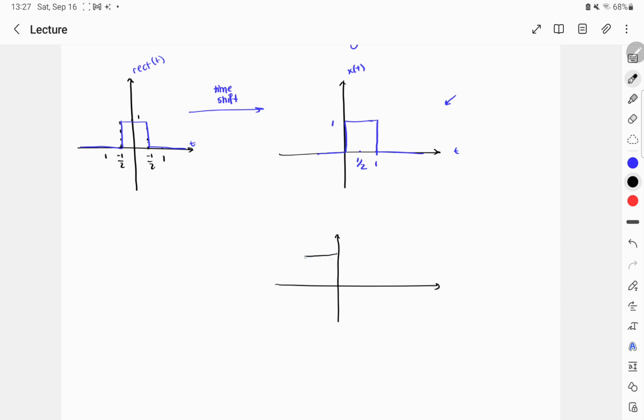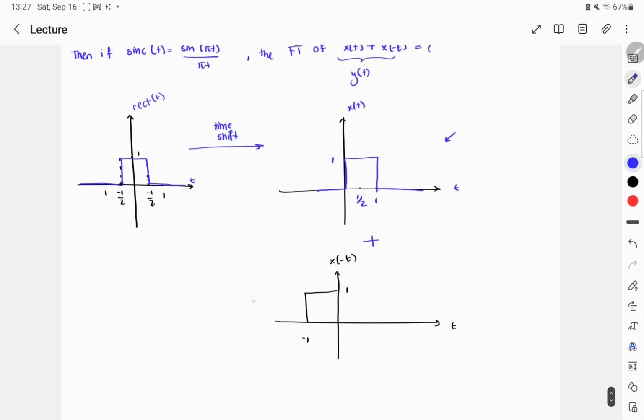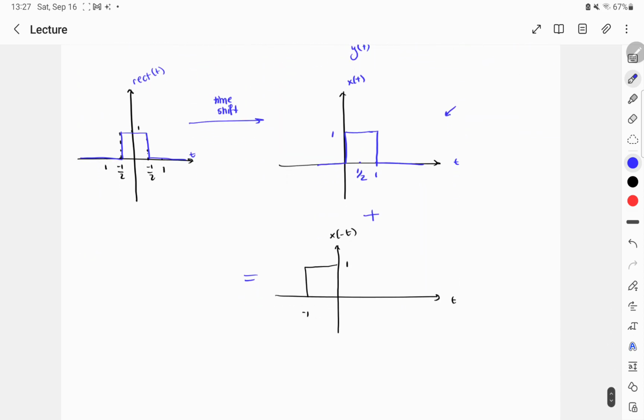It's just the opposite, as we can see here. When we add these two up, we have a rectangular function which is bigger than the first one. We have something like this, from minus 1 to 1, and we have our function y.